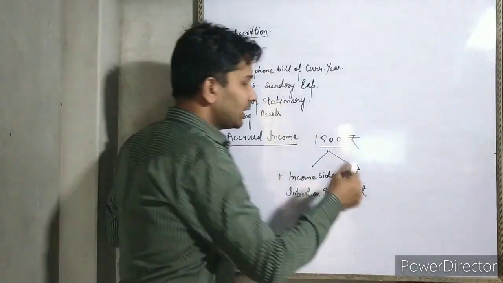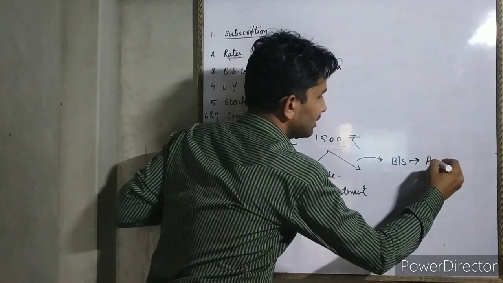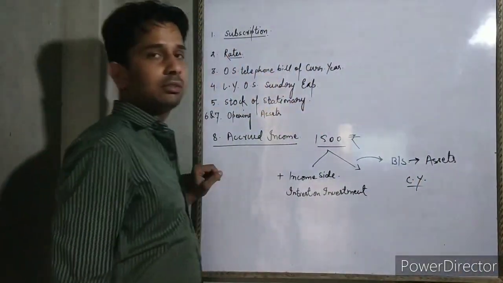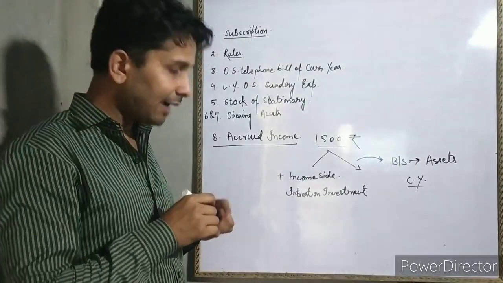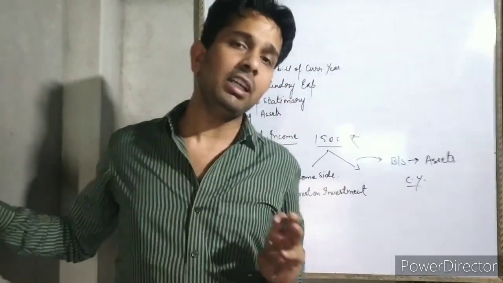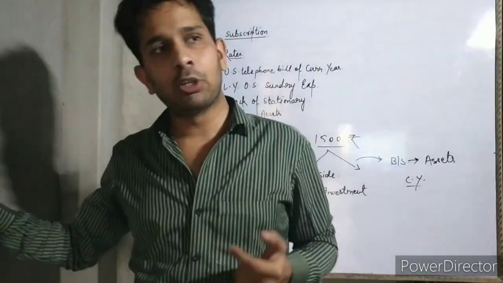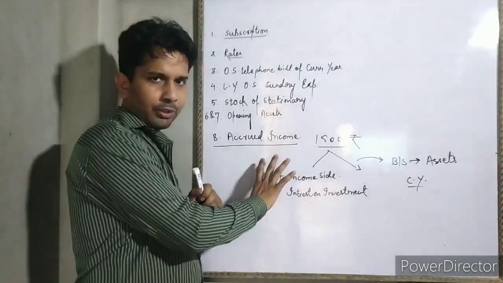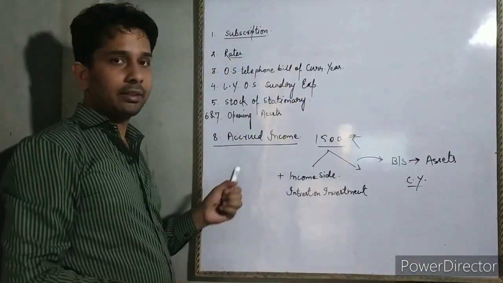It is of the current year, so it will be in the balance sheet, in the assets of the current year. Okay, this point is clear. This is the accrued income, and we have to post it on the income side of the income and expenditure account, and secondly on the asset side of the balance sheet. If it is the current year, it will be on the current year balance sheet. Okay, I'm going to erase it. You can take a screenshot of that.